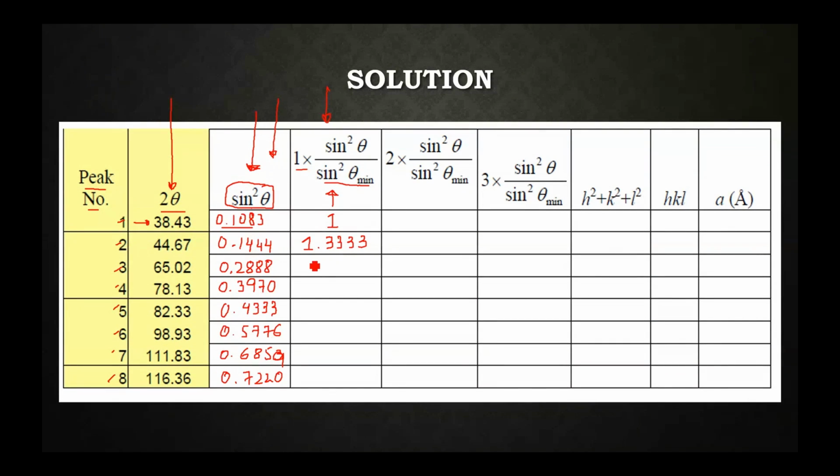Now the third, 2.6667. Fourth value, 3.6657. Then 4.0009.